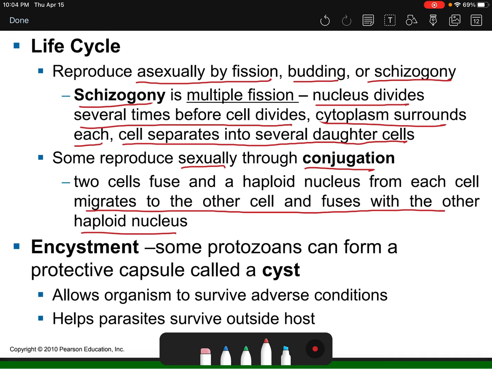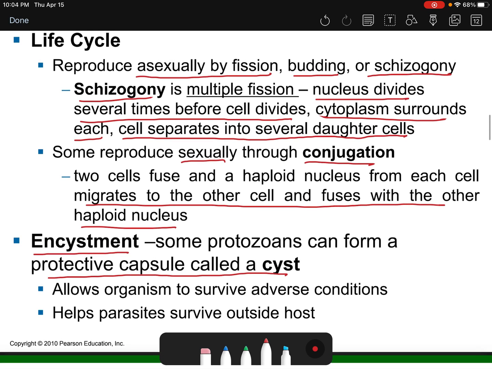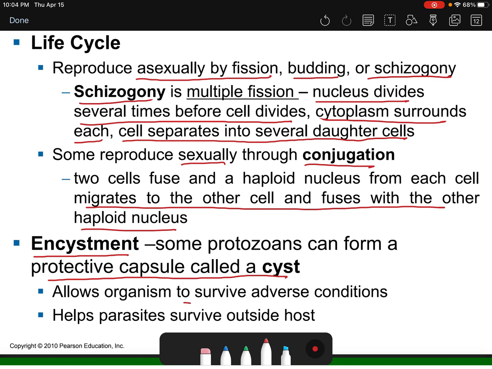Some can form cysts. We call it encystment, and it's just a protective capsule that surrounds the organism, and it's almost like an endospore for bacteria. It can allow the organism to survive adverse conditions by forming this protective cyst. It helps parasites survive outside a host.